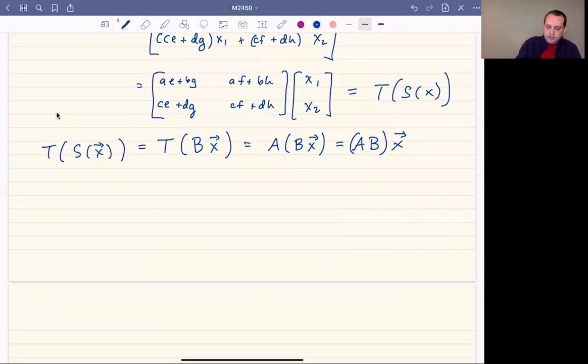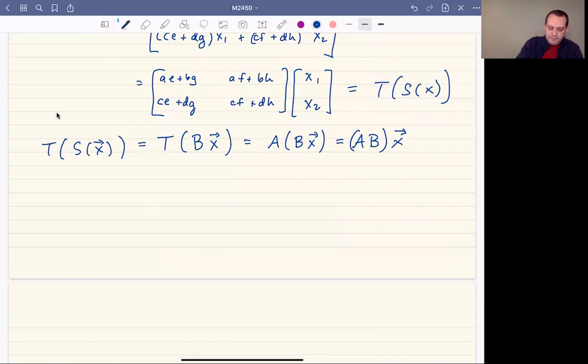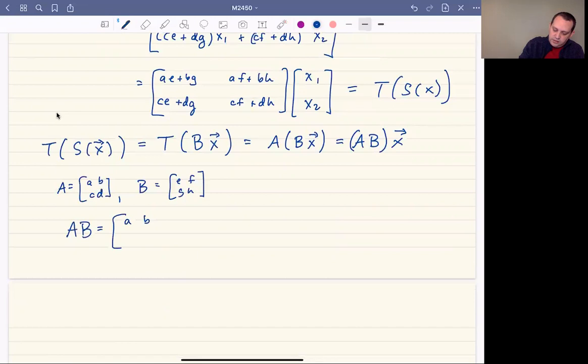And let's just double check that this is all consistent. Remember, A was the matrix A, B, C, D. B was the matrix E, F, G, H. And A times B, if we do this product, we're going to use the rows of A and the columns of B, and we're going to end up with, oops, there we go.